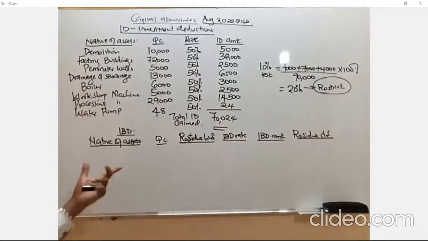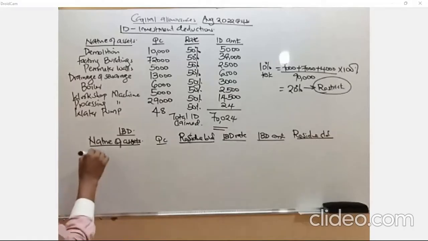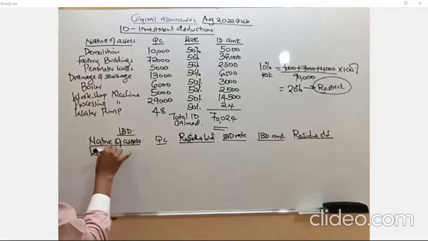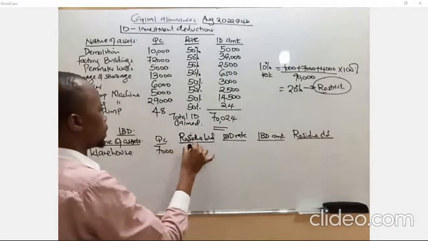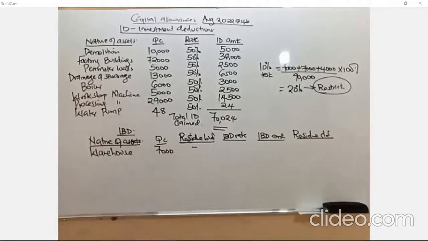Kuna asset tulisema zina qualify for the IBD, right? One will be, as per the information provided in the question, things like warehouse. We have warehouse. In this case, we talk about 7,000, right? But also the period for this. This warehouse has been in existence for the whole year.